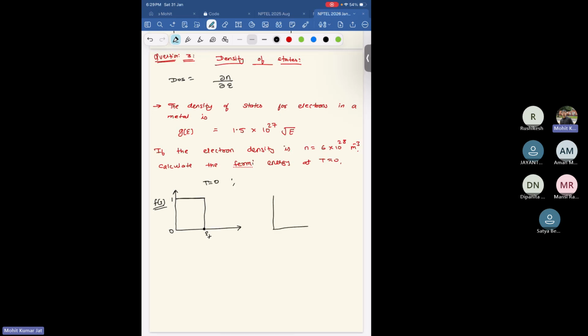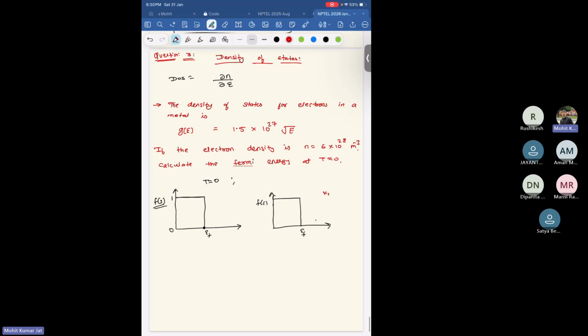For finite T, your Fermi distribution function goes like this. Let me just draw the T equal to 0 case, and then I'll modify it. So this is EF, and if you are sitting at a finite temperature, let's say kBT, in another color, then the Fermi distribution function will be like this.